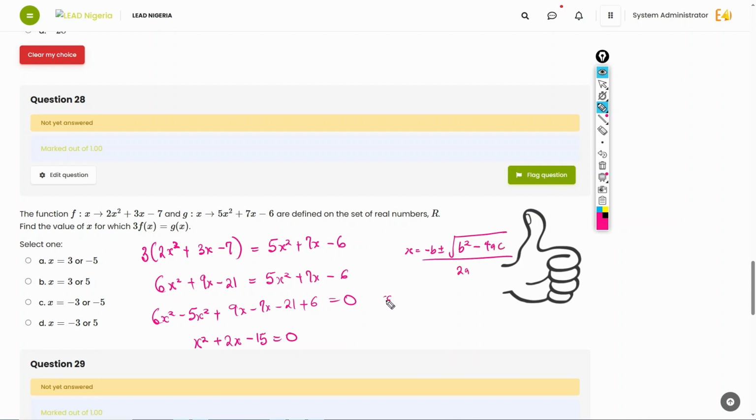Let's plug in. x will be equal to minus b, that's minus 2, plus or minus the square root of b squared minus 4 times 1 times minus 15, over 2 times 1. a is 1, b is 2, and c is minus 15. If you're having issues with this, you need to go learn this.